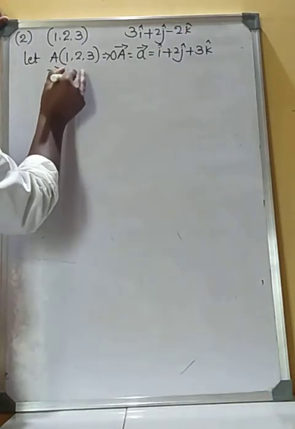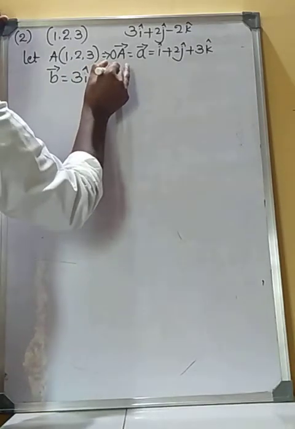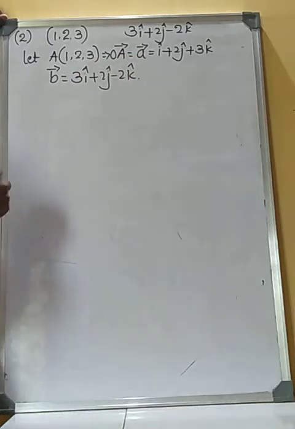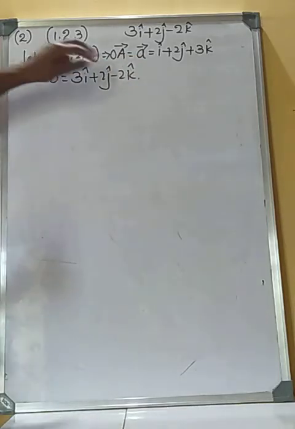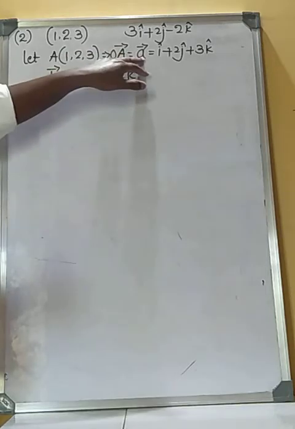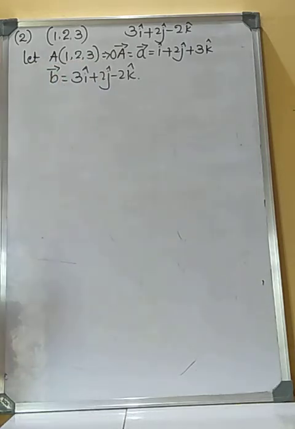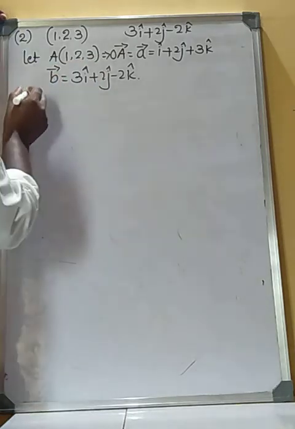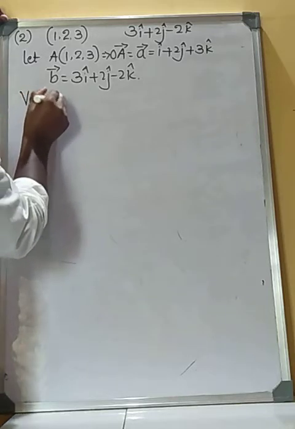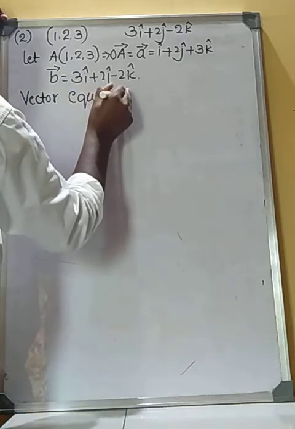Vector B is equal to 3i plus 2j minus 2k. Now the line passes through point vector A and is parallel to the vector B. Now write the vector equation of a line, the vector form of the equation of a line.